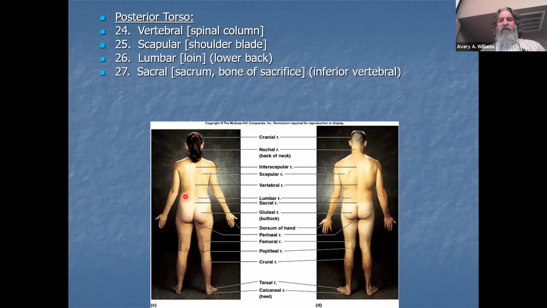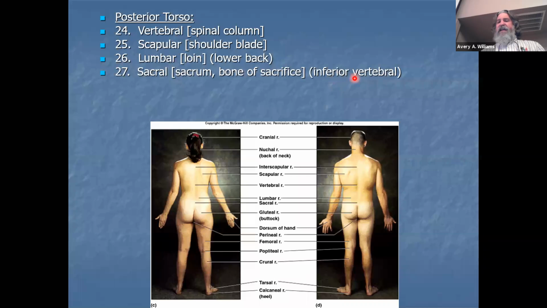You can kind of imagine the sacrum here in the back. Remember you had a little triangle in the front, the pubic region? Well, you got a little triangle in the back, right here. That's where the apex of the sacrum is, right here at the top of the butt crack or the gluteal cleft. All right, and it kind of forms a triangle like this. So that's your sacral region. So here I have inferior vertebral.